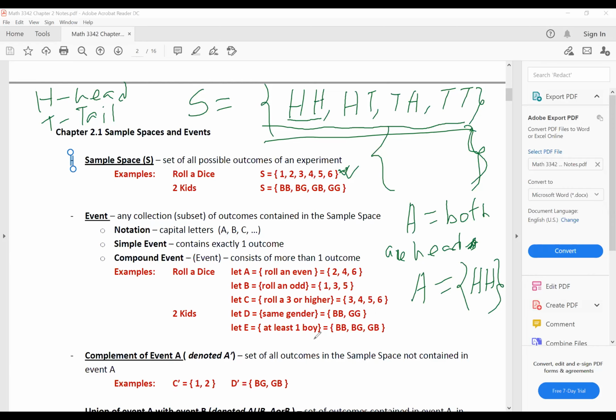That means in our outcome, we can have two boys, first one is a boy and second one is a girl, or first one is a girl and second one is a boy. There should be at least one boy in the outcome. In the first one, we have two boys, so this event also contains this outcome. So this event contains three outcomes. So this is also a compound event. So do you have any questions?